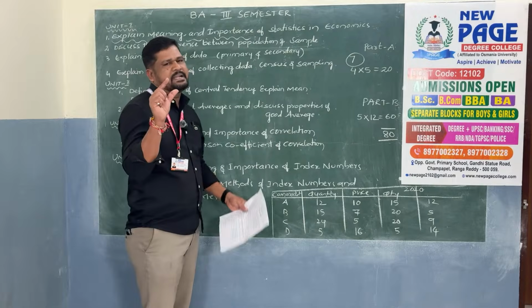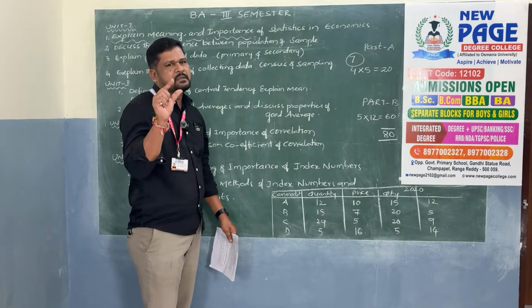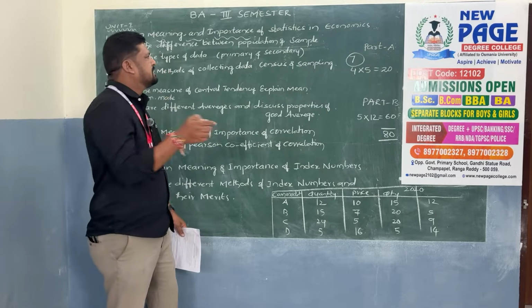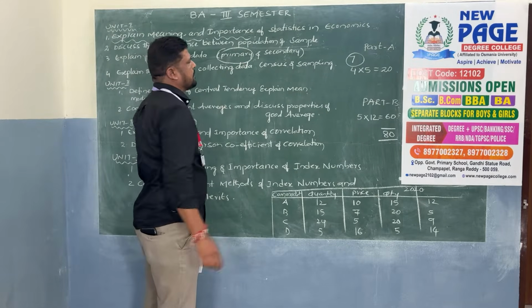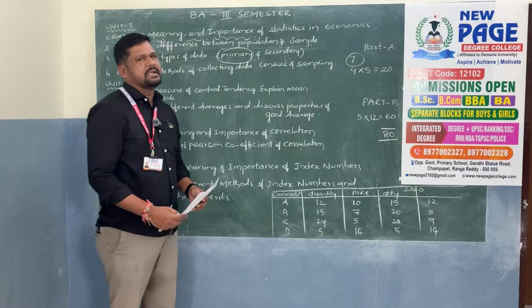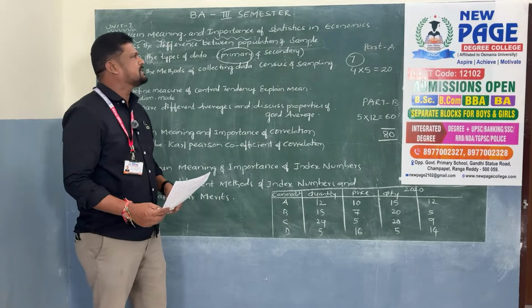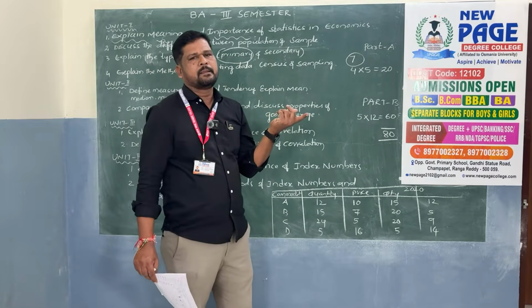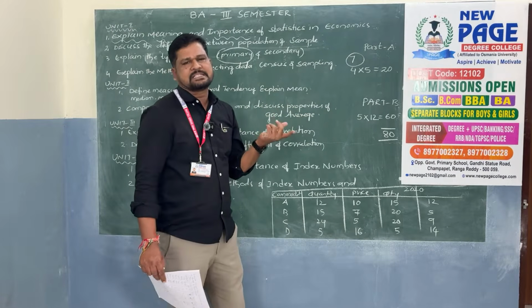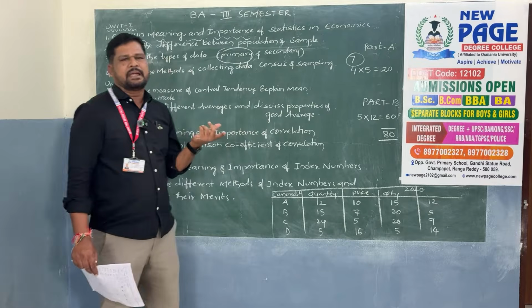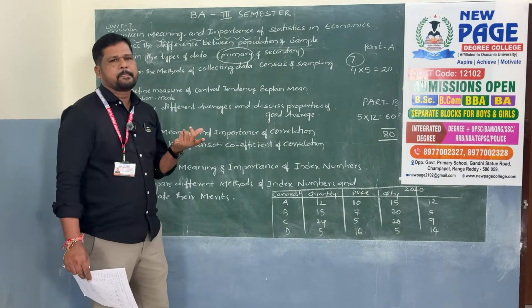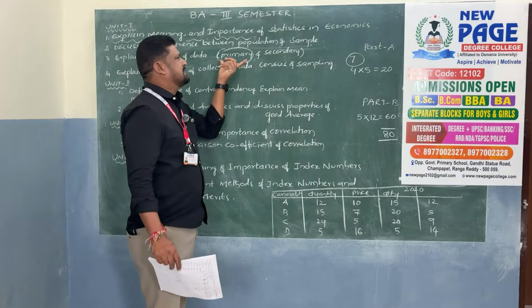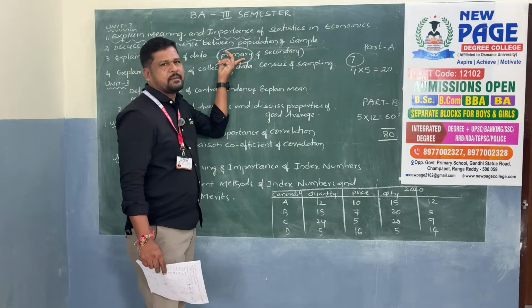Sources of primary data, how to collect? Methods of collecting primary data are the schedule method, group discussion method, interview method, experimental method. So there are different methods of collecting primary data.